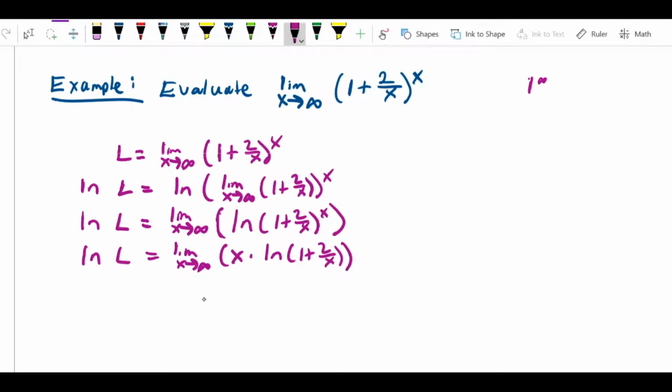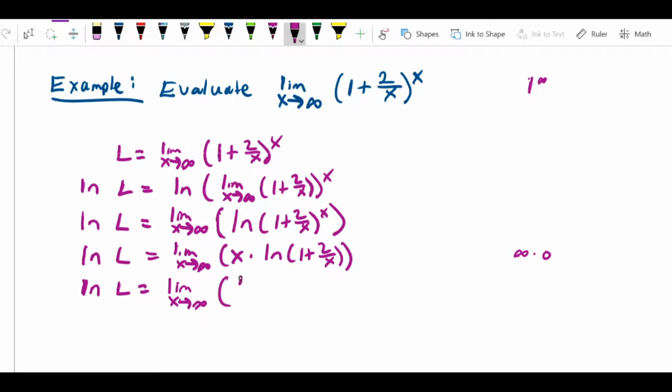Okay, so now what do we have? Since x is approaching infinity, I have infinity here, and then for the ln, I'm going to have 1 plus 0 inside the ln. The natural log of 1 is just 0, so I've got infinity times 0. This is an infinity times 0 limit, which we know is a L'Hopital's rule form. I'm not using L'Hopital's rule yet, I'm just rearranging the algebra.